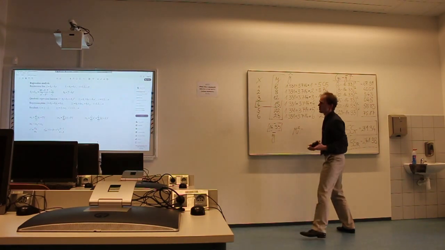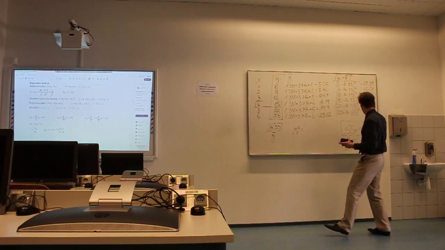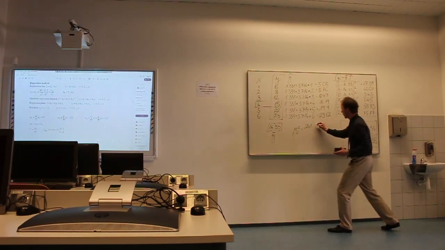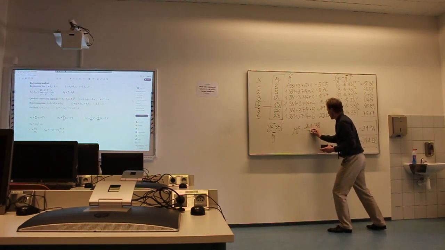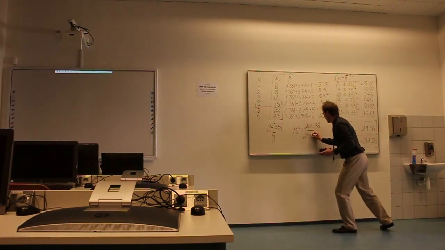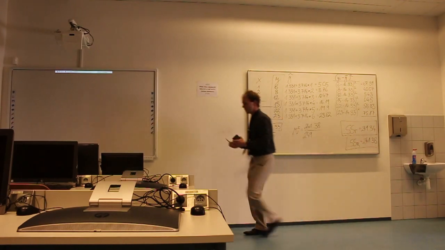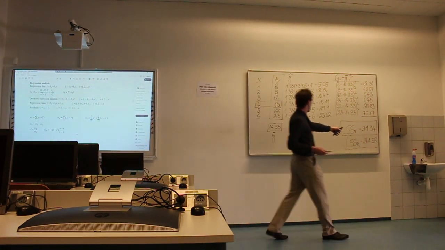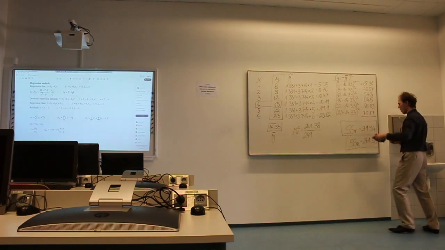So R squared, index of determination, regression sum of squares, 241.38 divided by 249.34.